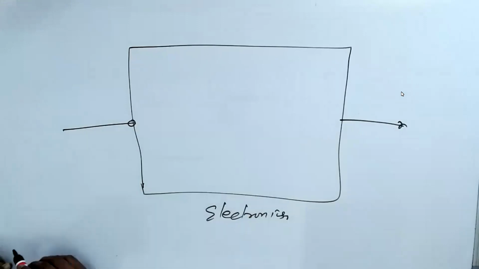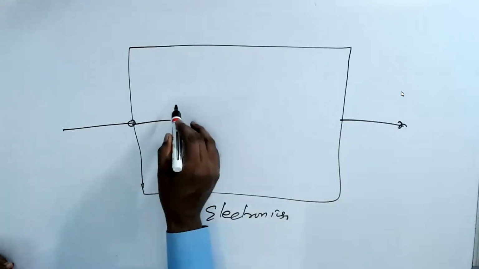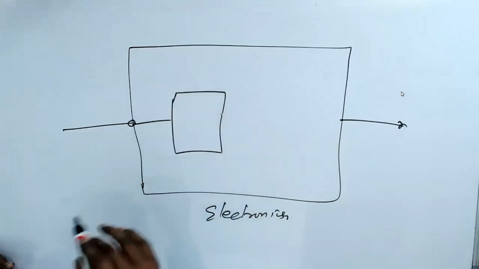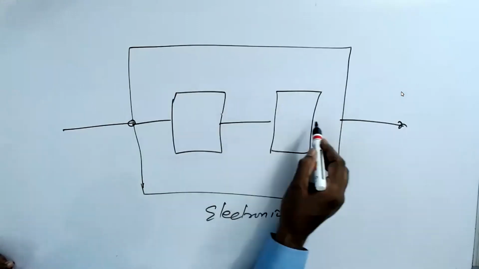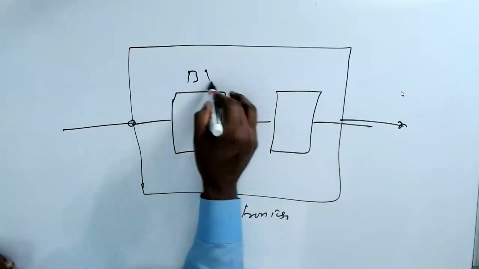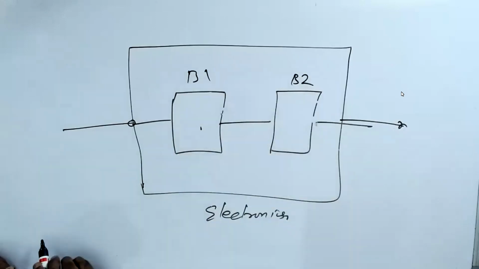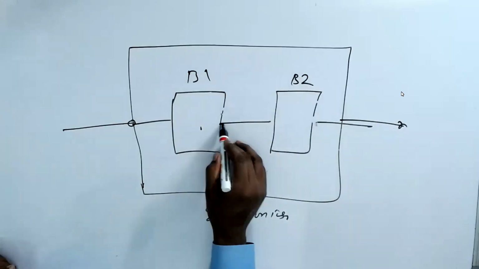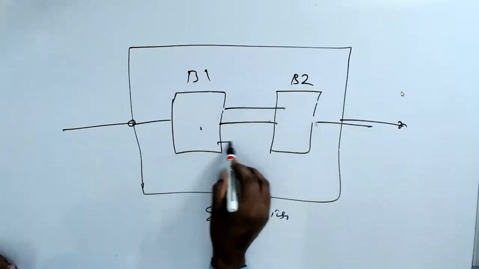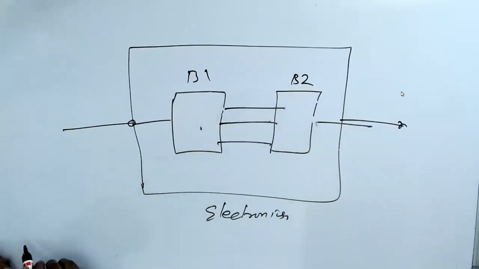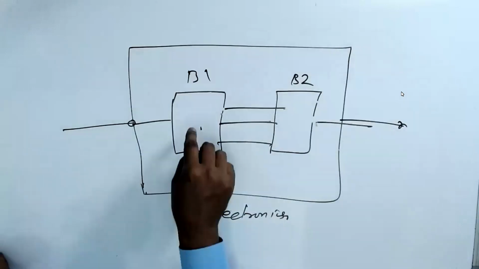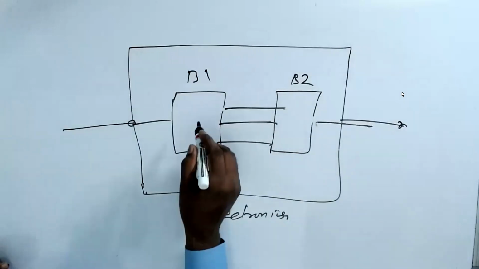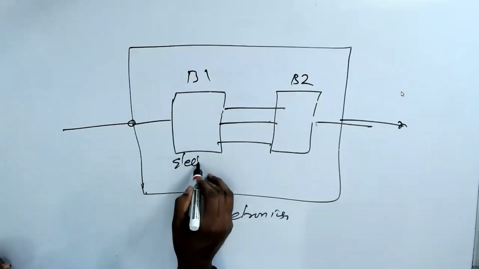I have a board. In this board, I may have so many components, so many small journeys. Block 1, block 2. Am I right? This all has to be connected. So I have a bigger block, electronics. The electronics has so many small blocks. This small block is also electronics.